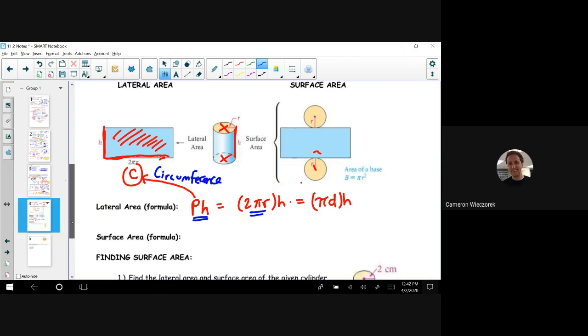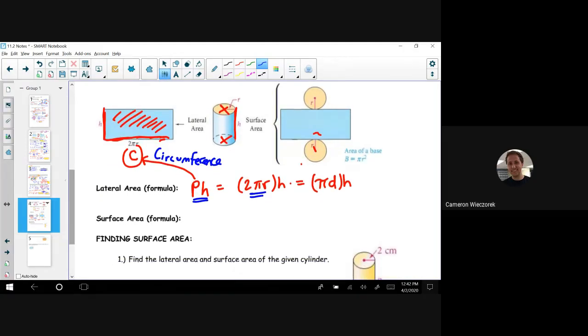The entire surface area, though, well, now look at the net diagram. This is your 2 pi rh. That's your lateral area, the rectangle. But now you've got a circle on the top and a circle on the bottom. Each of those circles has an area of pi r squared. So each of my B's is pi r squared. Pi r squared plus pi r squared would be 2 pi r squared. So I still get 2 bases. So it's the same formula as you would have for a prism.